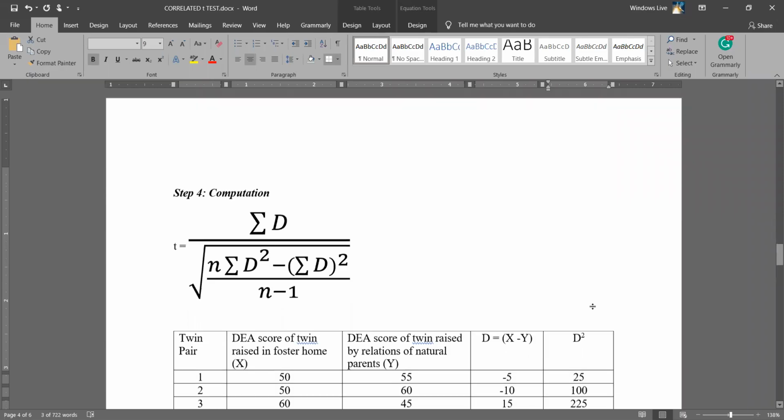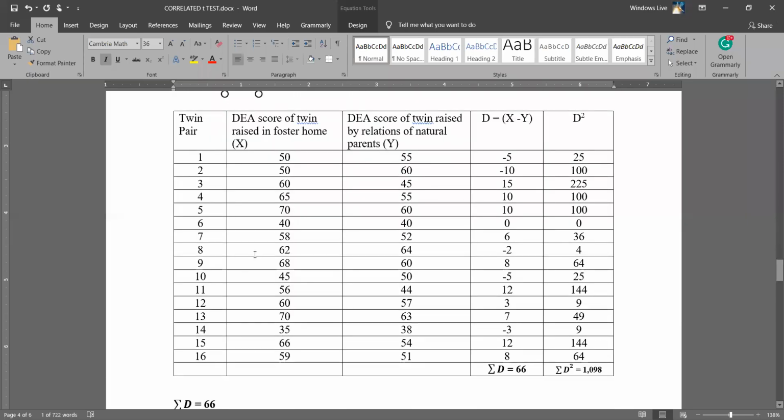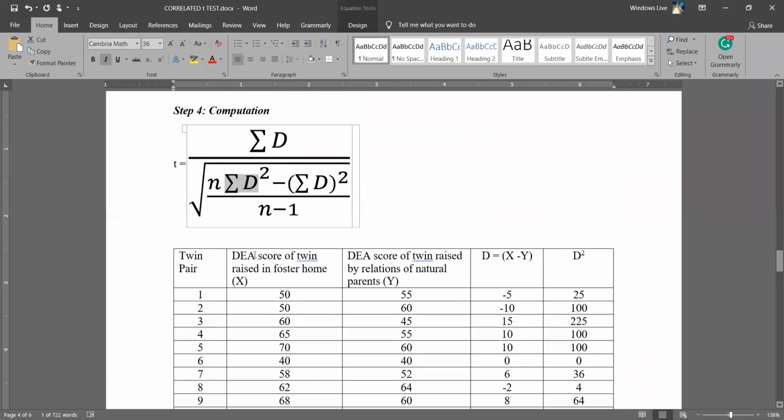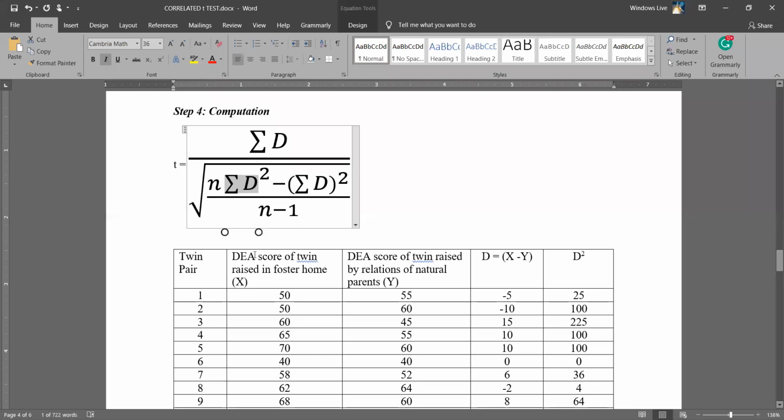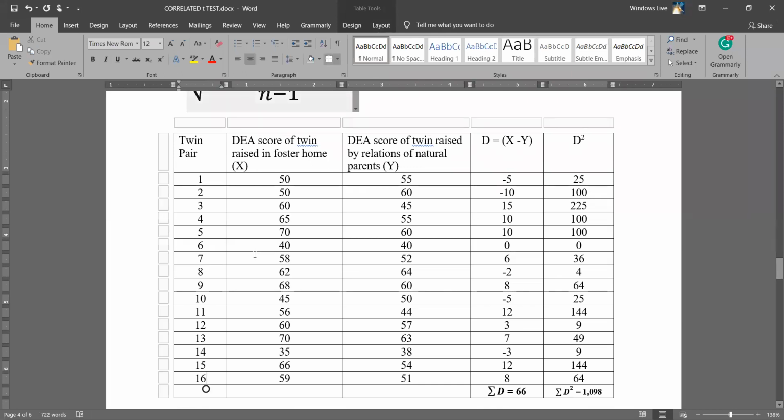So at the moment, we've been able to solve for this. We've been able to solve for that. So let's try and solve for n sigma D squared. We know sigma D squared to be what? To be 1098. And we know n. I told you in this course, whenever you see n, n represents the total number of people, and they are 16.